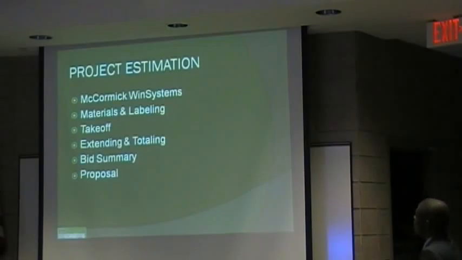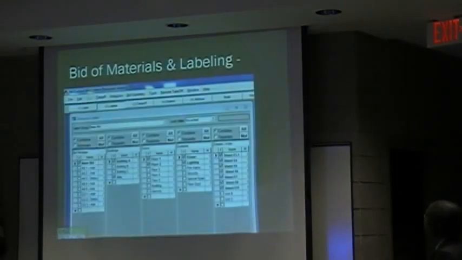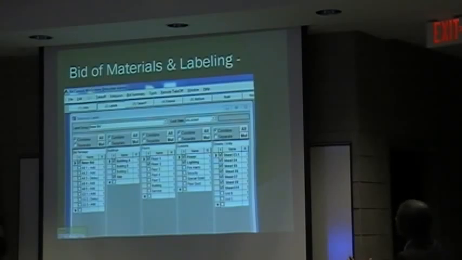This next one is our project estimation. We make use of My Cummins, and here is the overview of the icons that we are familiar with when you go to the software itself. Here you can label.